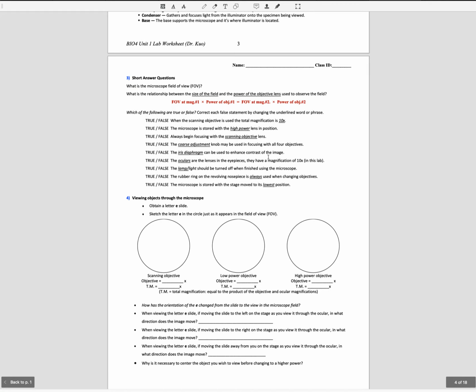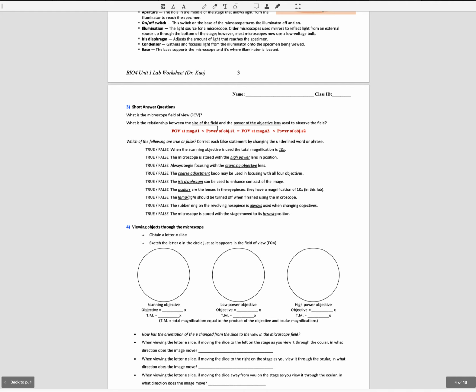This formula sums up the relationship between the power of the objective lens and the field size, or the size of the field of view. These two have an inversely proportional relationship. That means when you increase the power of the objective lens, the field of view will decrease.